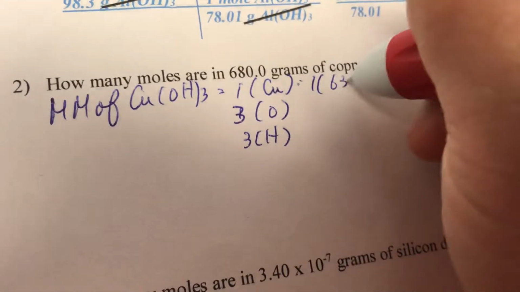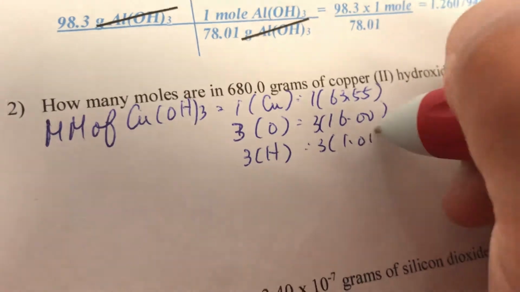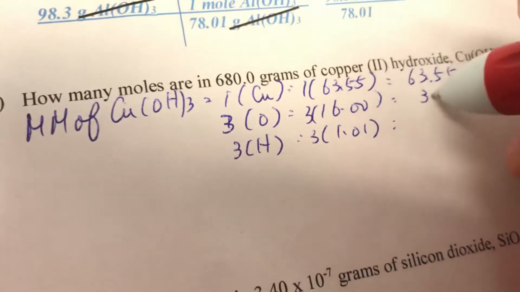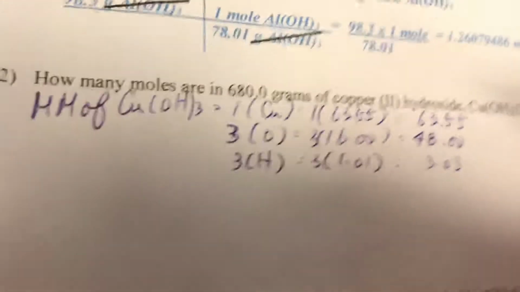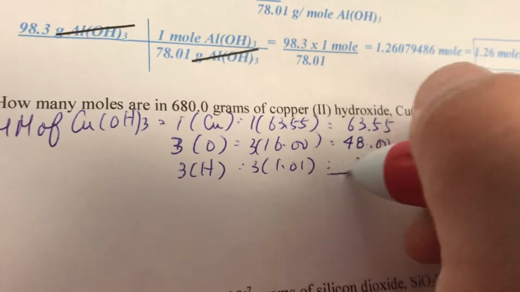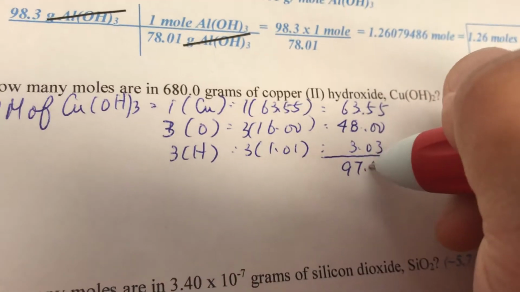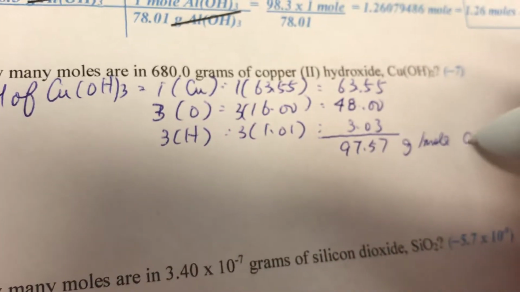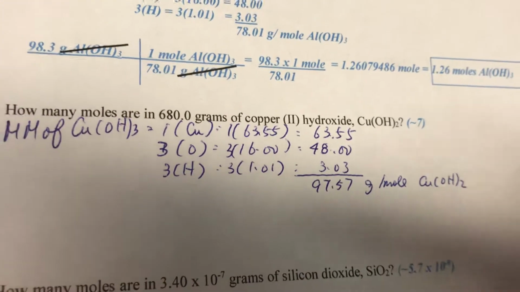It's 1 times 63.55, 3 times 16.00, and then 3 times 1.01. I multiply them out, and then when I add them up, I get 97.57 gram per mole CuOH2. Okay, so that's my MM.